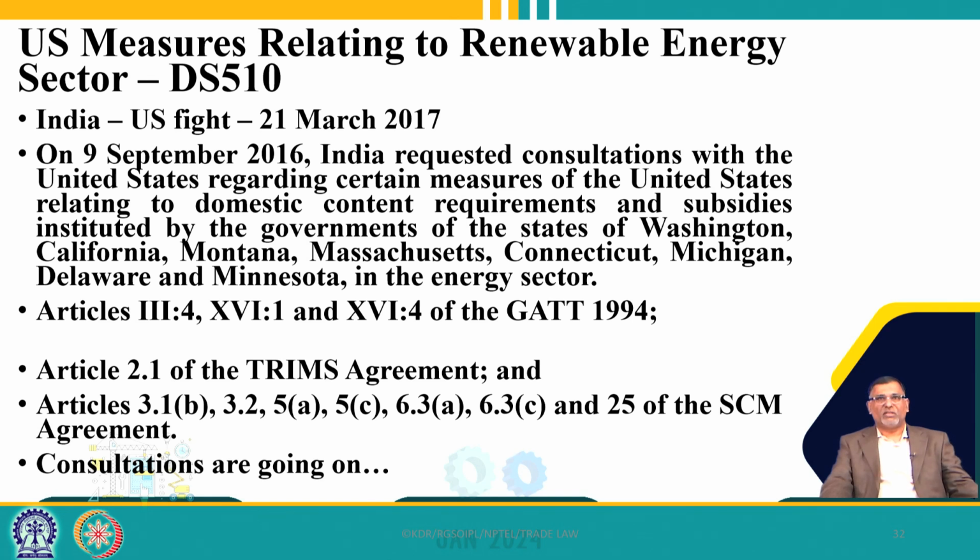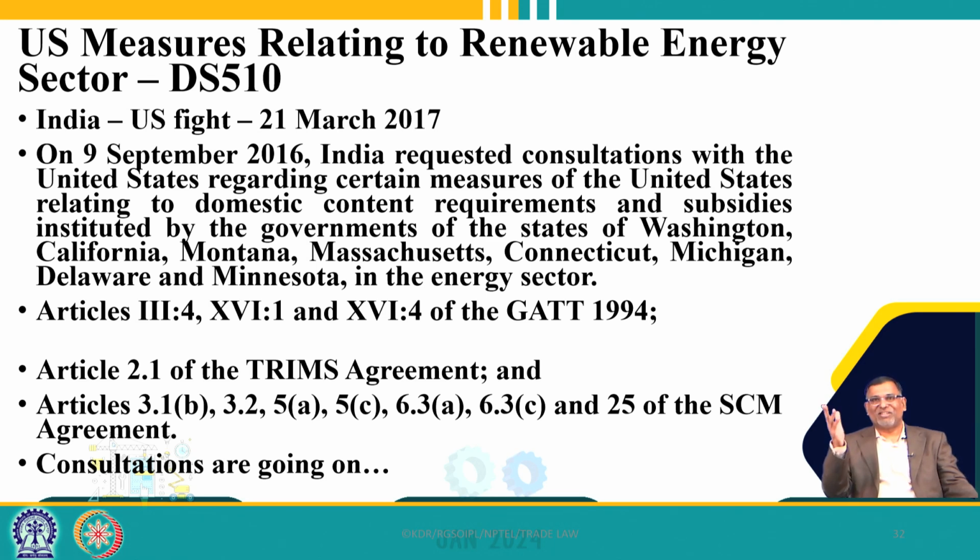So, what happened in the renewable energy sector? India filed another case against the US on the same point in 2017. We lost the case, so immediately we filed a case against the US, and not surprisingly, India found that the US also adopted the same policies, giving subsidized products under programs in the states of Washington, California, Montana, Massachusetts, Connecticut, Michigan, Delaware and Minnesota.